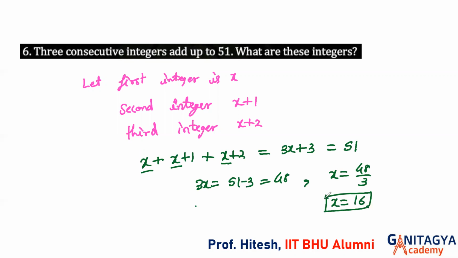Please write it down. So the numbers are 16, 17 and 18. Very nice. Any doubt in this? Can we move ahead?